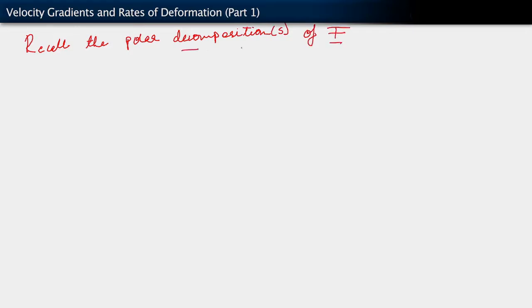Okay, I say polar decompositions in plural simply because we know that there are two of them, right? So let's first look at the right polar decomposition. Let's recall the right polar decomposition.